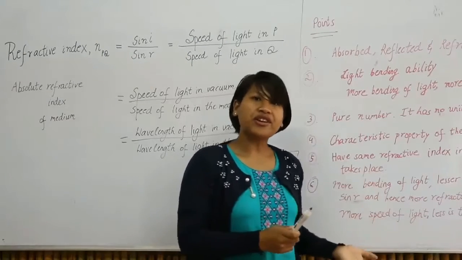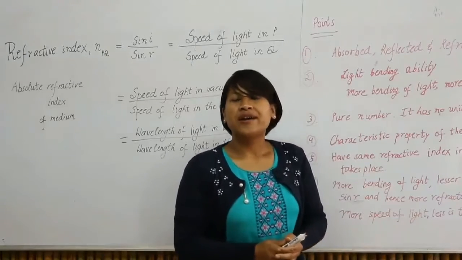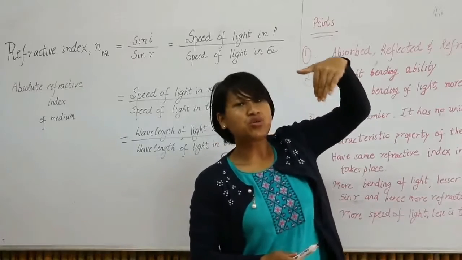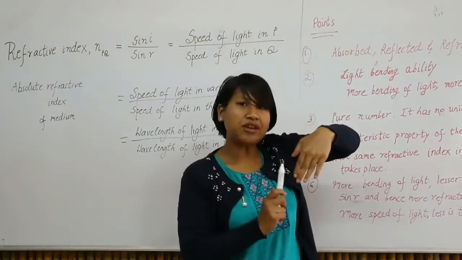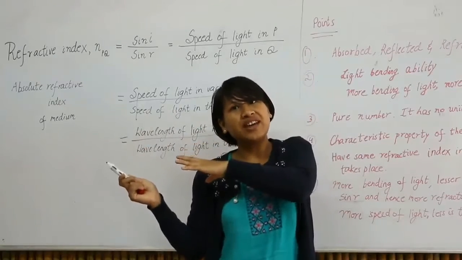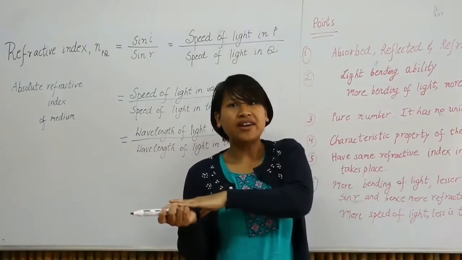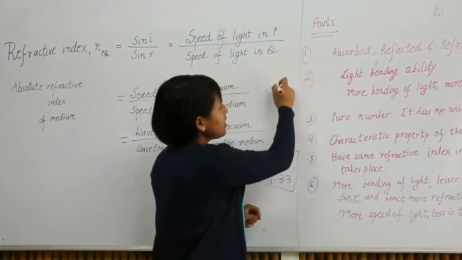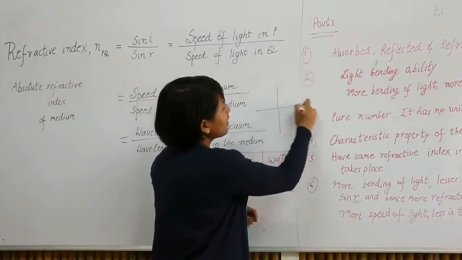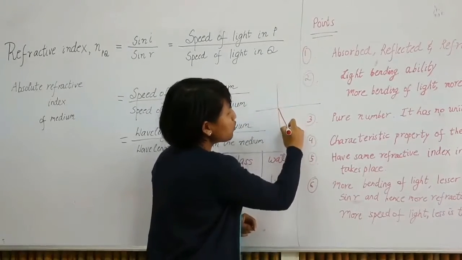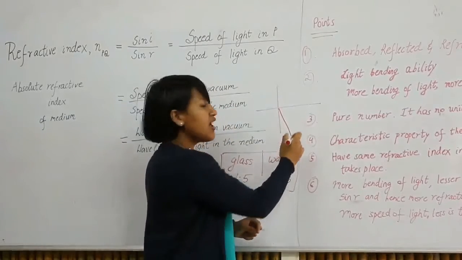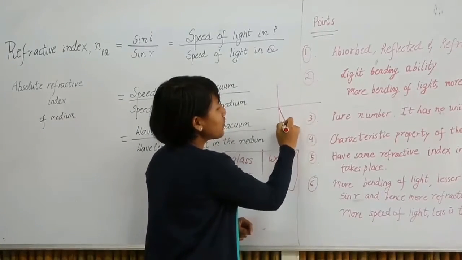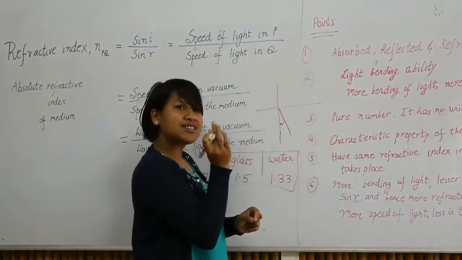Another point is that when more bending of light takes place in the medium, the higher will be the refractive index. Why? Because when light travels, more bending means it will bend more towards the normal. Then the angle of refraction will be quite less.